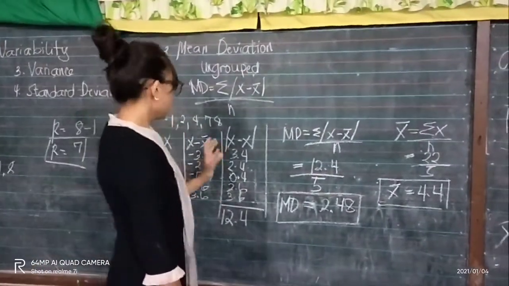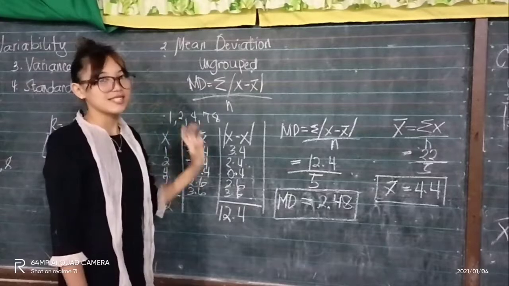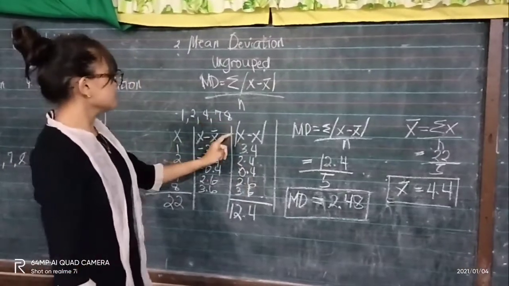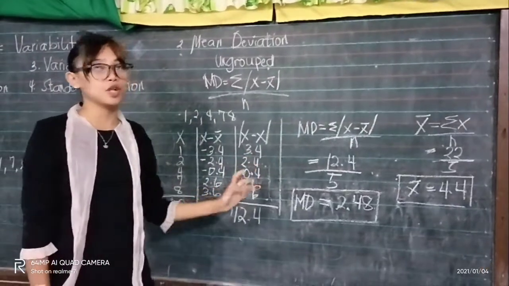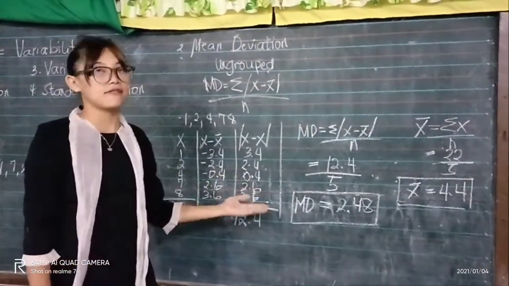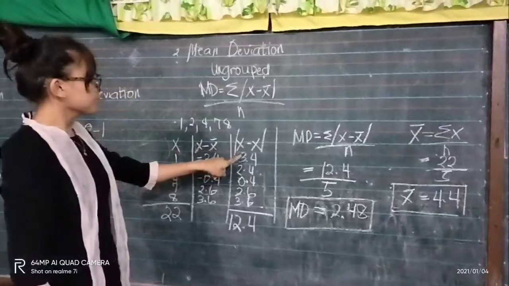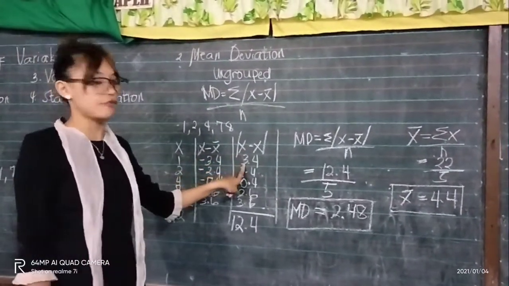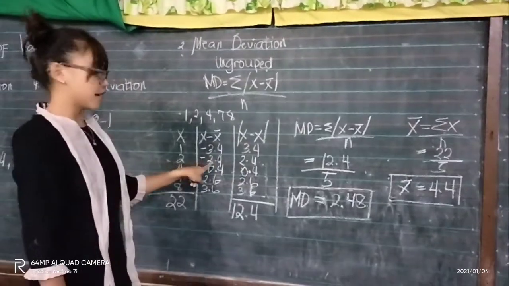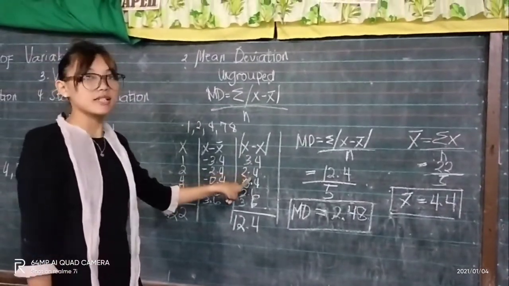So we're going to proceed to the third column. In the third column, we have the absolute value. The purpose of absolute value is to avoid negative terms. The absolute value of negative 3.4 is positive 3.4. Then the absolute value of negative 2.4 is positive 2.4.